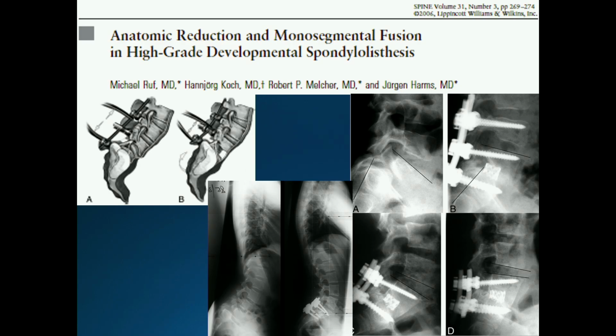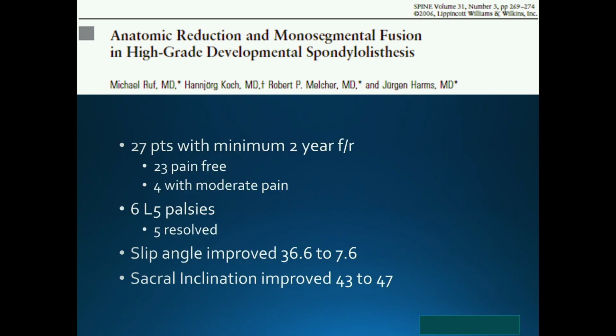Yeah, I think that Jürgen Harms's work with the TLIF is really, I think, some of the best evidence we have for better results. And in his case, some high-grade cases for better results in terms of fusion rates, less implant failure, and less late complications.